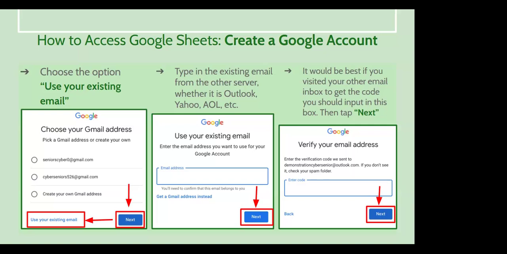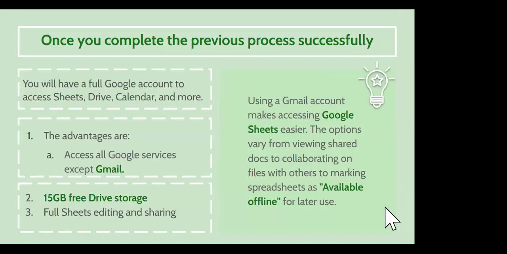It won't be useful for anything else other than using Google Drive, meaning you won't be able to receive emails in there, but it's something that you can do, not to have another email, but to be able to use Google Sheets, the application. And lastly, if you are doing this, you can just hit next and continue with the prompts on the screen.